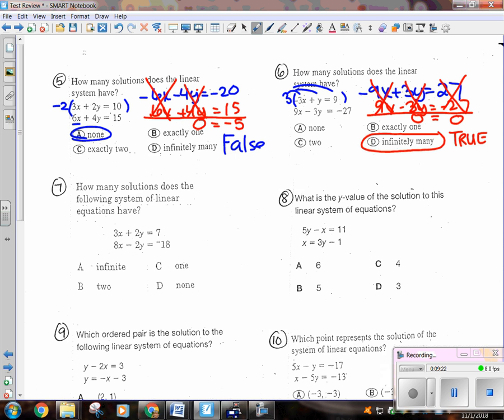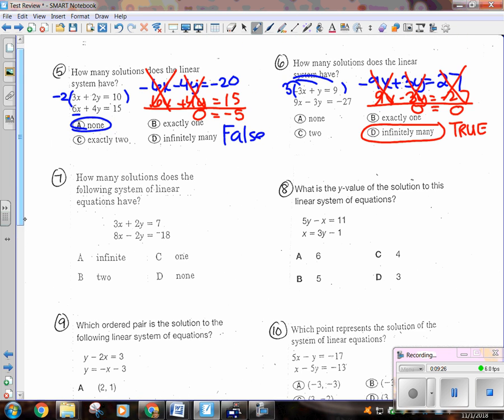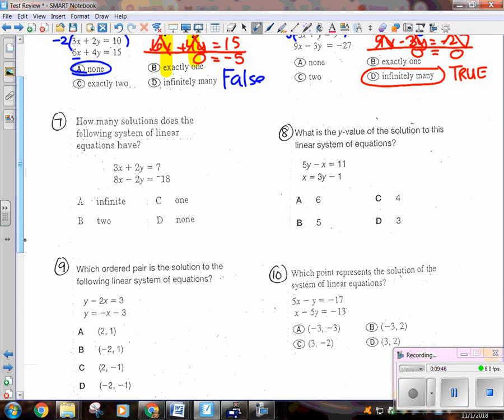Number 7, how many solutions does this one have? Okay. Well, I have seen 2 examples. If my x's and y's both cancel, just like they did up here, then I'm looking at possibly either no solution or infinitely many. If the equations turn out to be exactly the same like they did in number 6, then I'm looking at infinitely many. But if I end up getting something where I can solve for either an x or a y, I know I'm going to have only one solution.